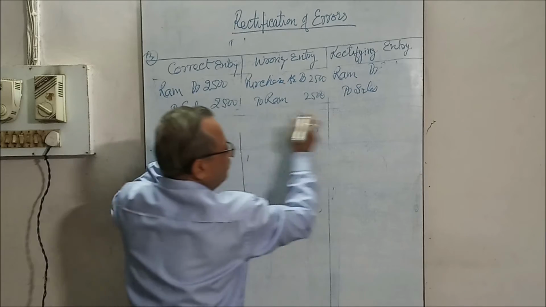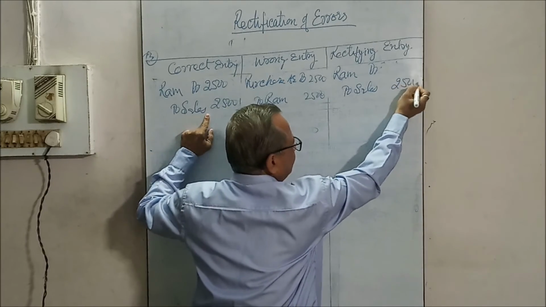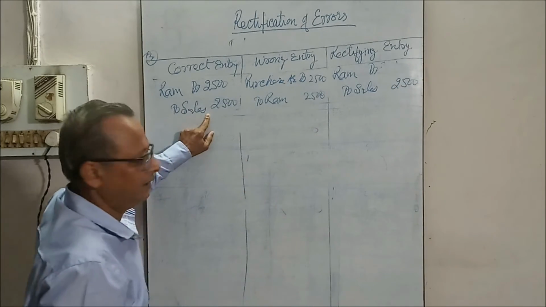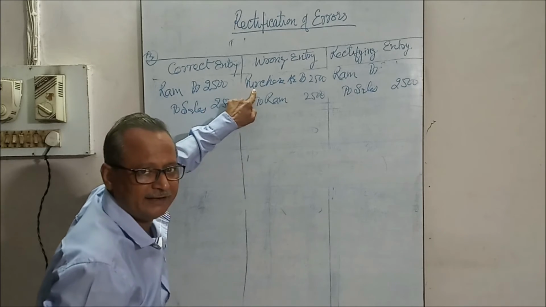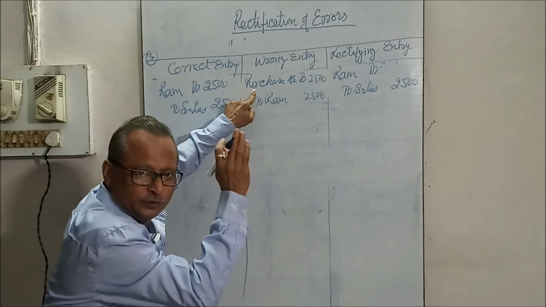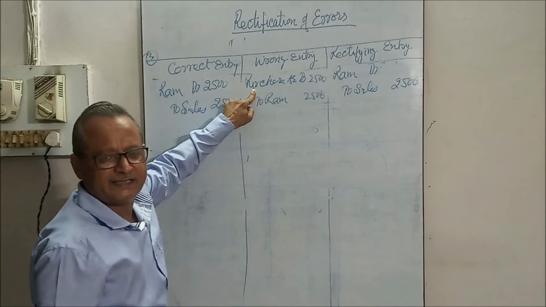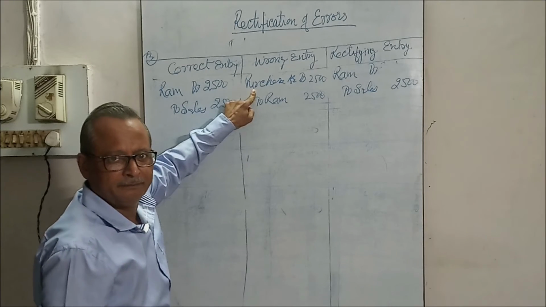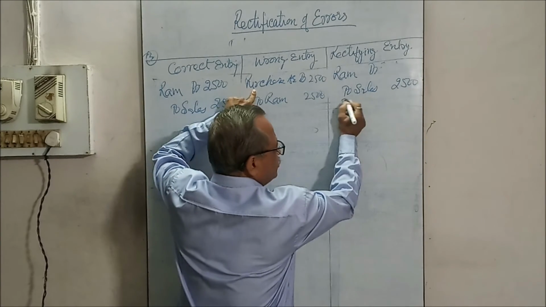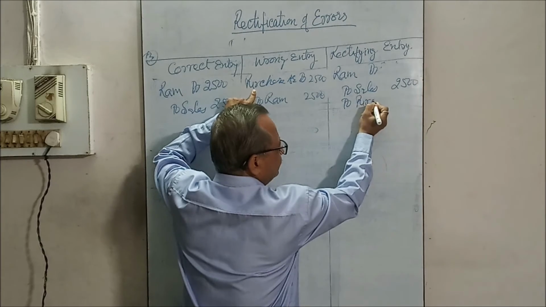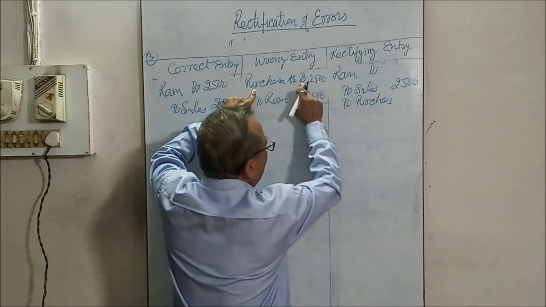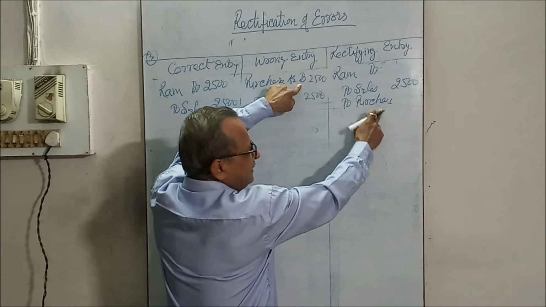Sales should be credited, by rupees 2,500. And purchase should not be debited, so reverse it. Purchase should be credited now to rectify it. Now it is nullified. It is corrected.